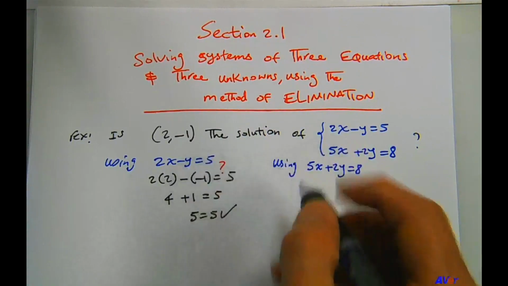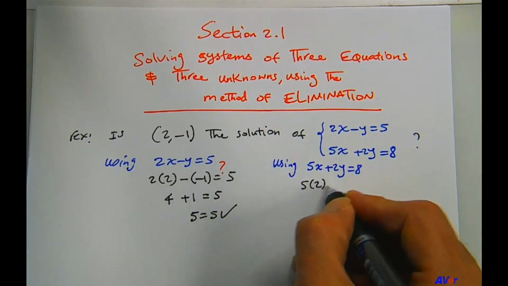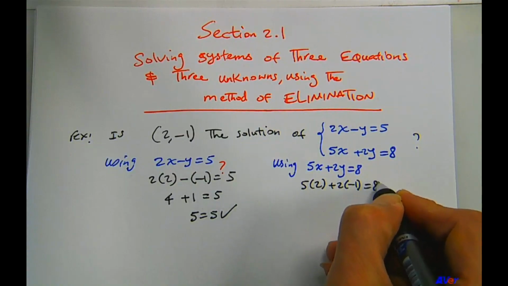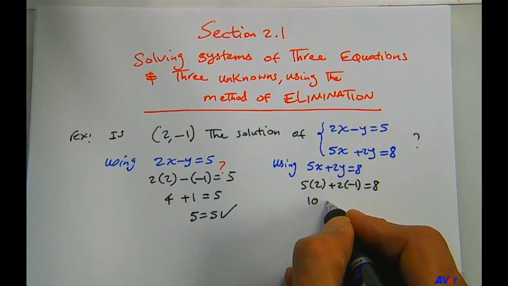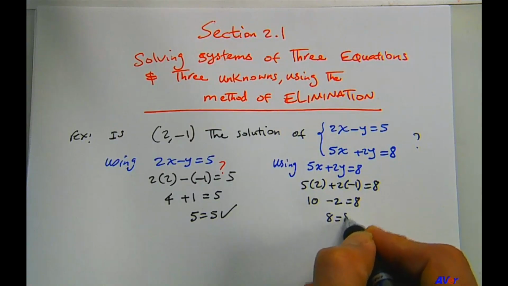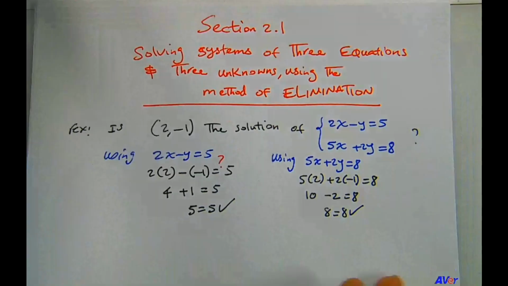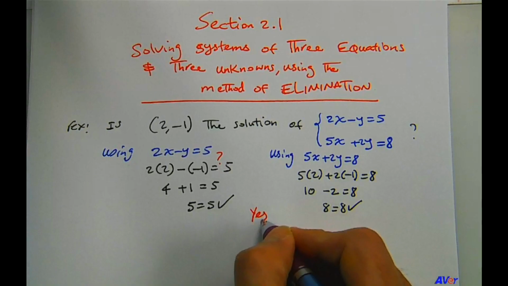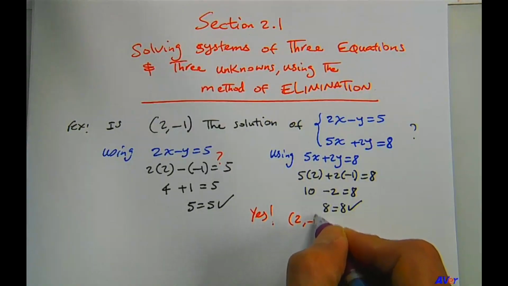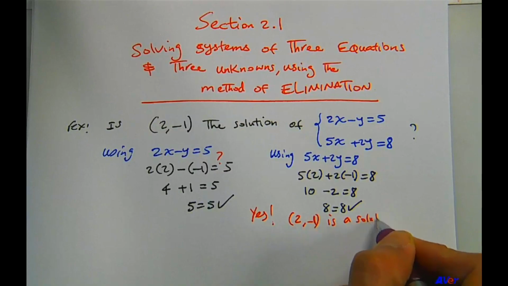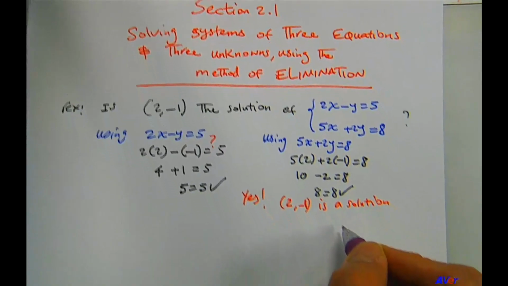Plugging in that point again, we have 5 times 2 plus 2 times negative 1 equals 8. Then we have 10 minus 2 equals 8. The left side is 8. The right side is 8. So yes, the answer to this question is yes. (2, -1) is a solution of the system.